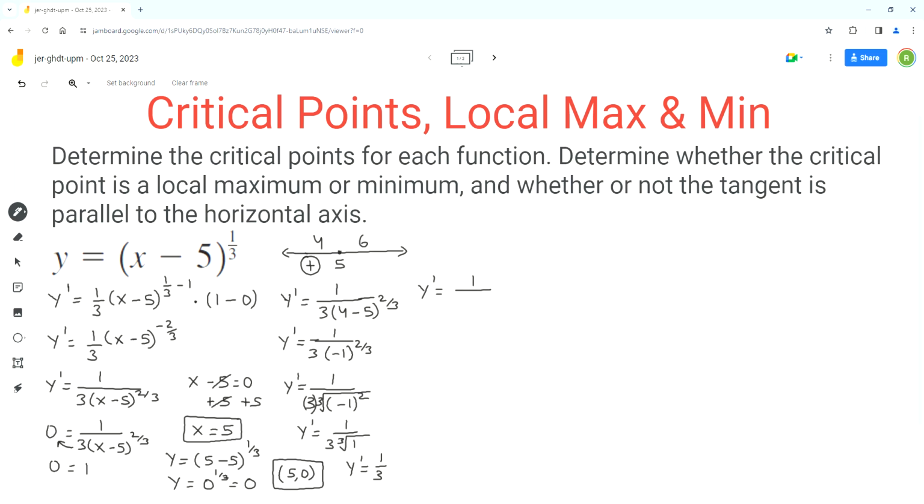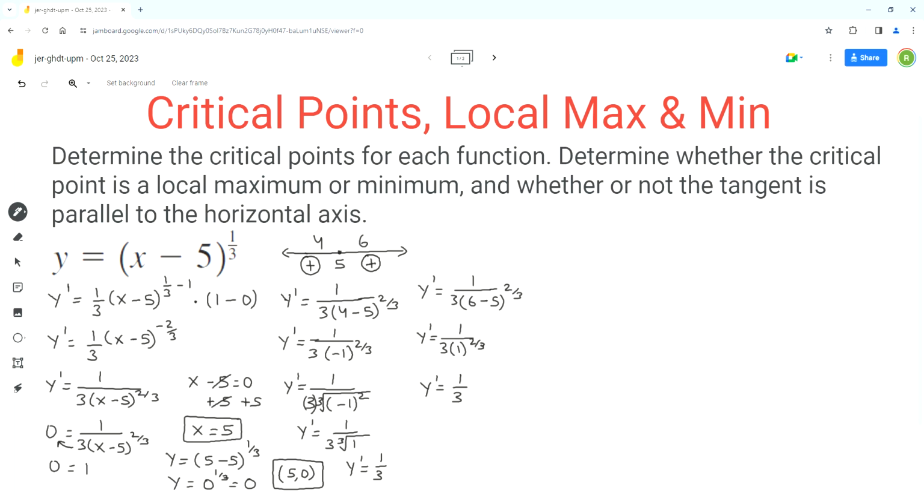So 1 over 3 times 6 minus 5 exponent 2 over 3, and 6 minus 5 is equal to 1 exponent 2 over 3, and 1 exponent 2 over 3 is equal to just 1, so we just get 1 over 3. So again we got a positive result for y prime, so that means the function is increasing on the right side of x equals 5.